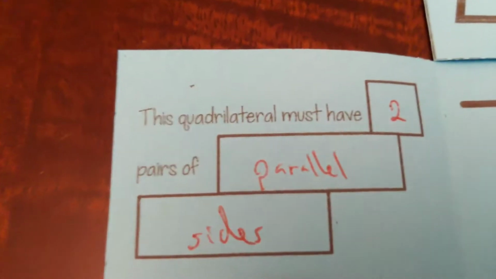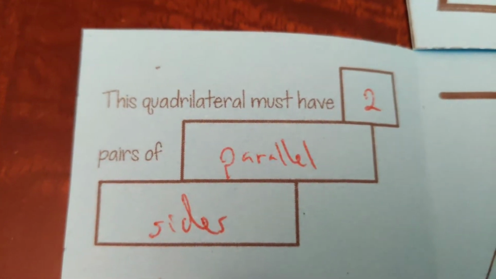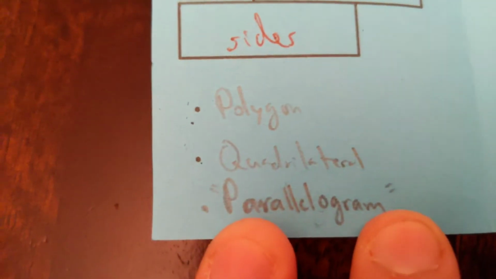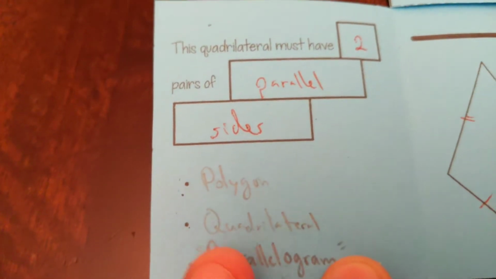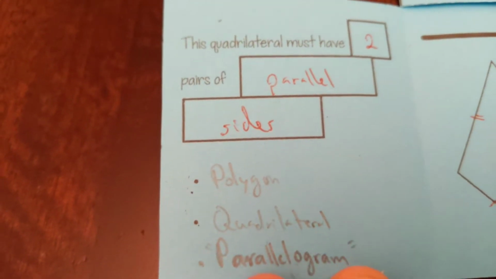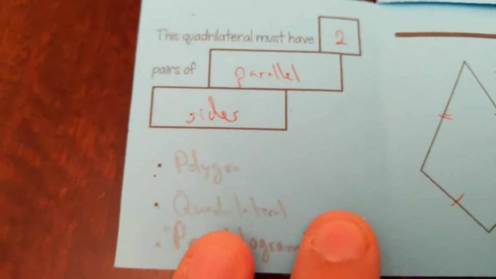Okay, so a parallelogram, like I said, has to have 2 pairs of parallel sides, and you can classify it as a polygon, a quadrilateral, and a parallelogram. 3 different classifications for a parallelogram: polygon, quadrilateral, parallelogram. Make sure you write those down. If I'm going too fast, make sure you push pause on the video.